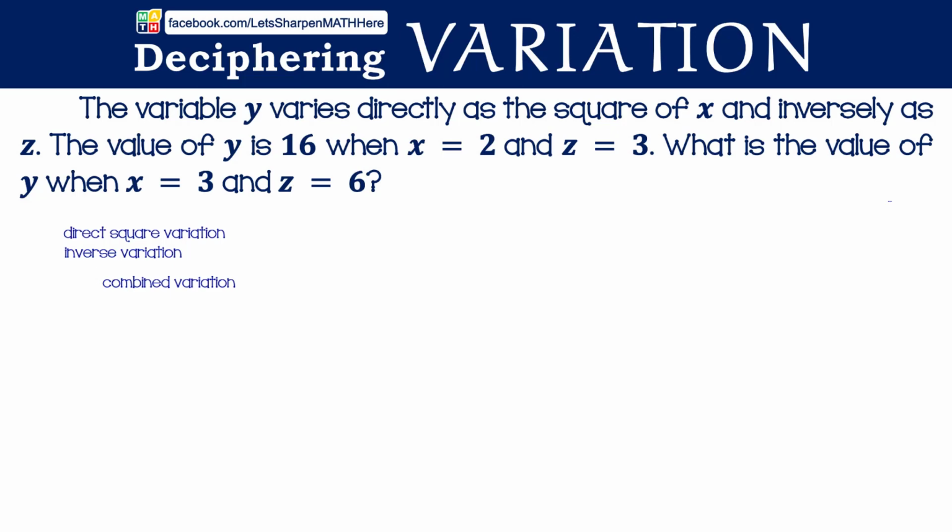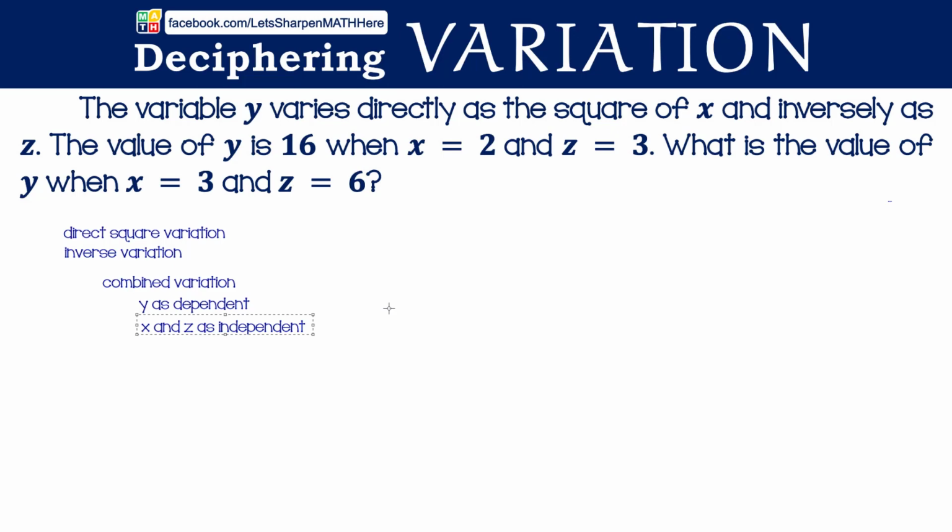Nevertheless, we are sure that it is variable y that is the dependent variable, because it's a variable that varies directly as the square of x and inversely as z.